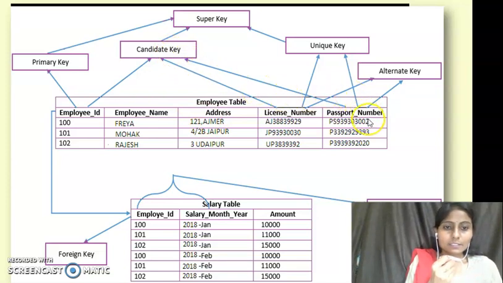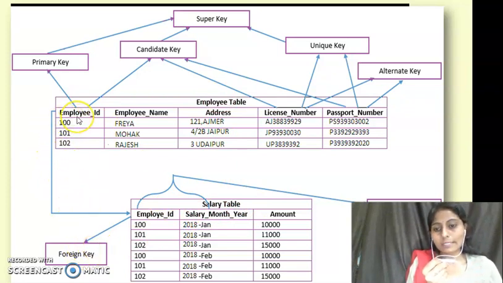And here we can check the next table, the salary table. So one field is common in both tables: employee ID is present in the employee table, and this common field is available in the salary table also. So here we can clarify the foreign key concept.